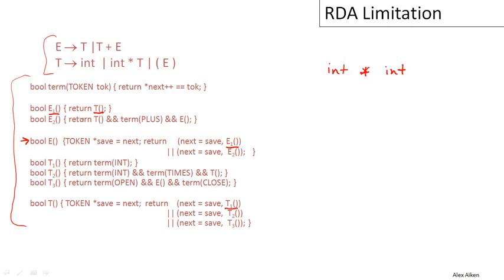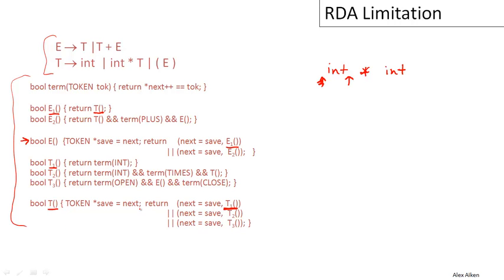E1 is going to call the function t, and t is going to try the first production for t, which again is the production int. The input pointer, of course, is here, and then it will try to match the first token in the input stream against the terminal int, and it will succeed. And so the input pointer will be moved over, so t1 will return true.